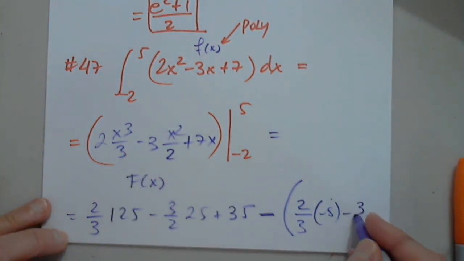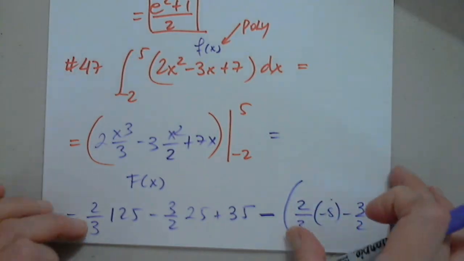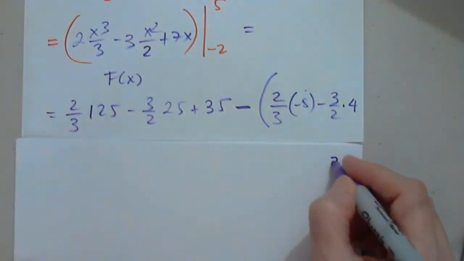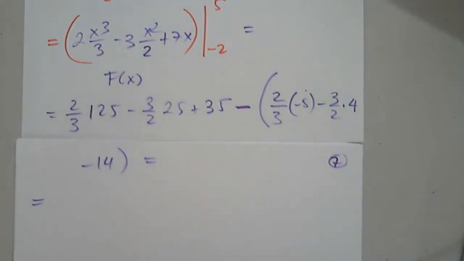Minus 3/2 times 4, that's okay. And then minus 14. Okay, so let's see.